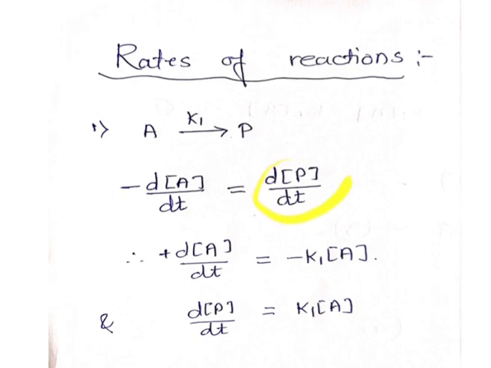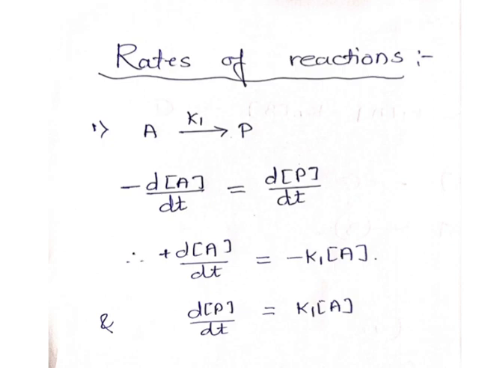The product is formed, its concentration or amount is going to increase, and increase is denoted by plus. That is why the rate of formation of product is noted by the symbol plus dP by dt.